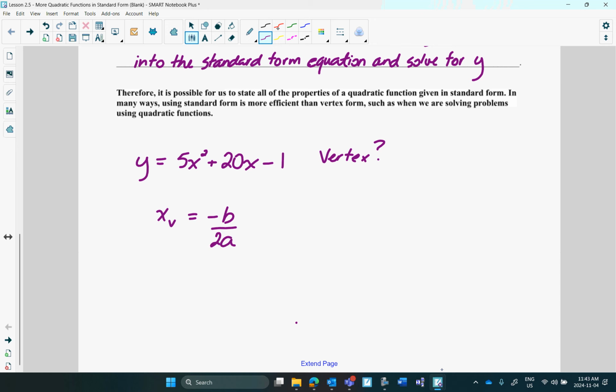So remember, in this, what's the value of a? 5. What's the value of b? 20. What's the value of c? -1. So to find the x vertex, I do negative whatever the value of b is, 20, divided by 2 times the value of a, which is 10. -20 divided by 10, x vertex is -2.